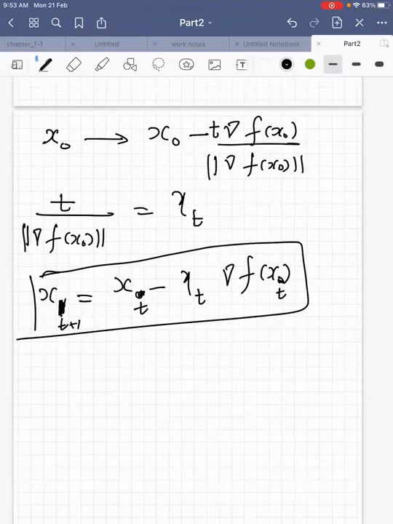Yes. So we didn't know which direction to go. Then we found out our direction, and now we are going in that direction. That's all we have done. Okay, sir. So we are saying this step size is t by the norm of the gradient of f of x0, right? Yeah.